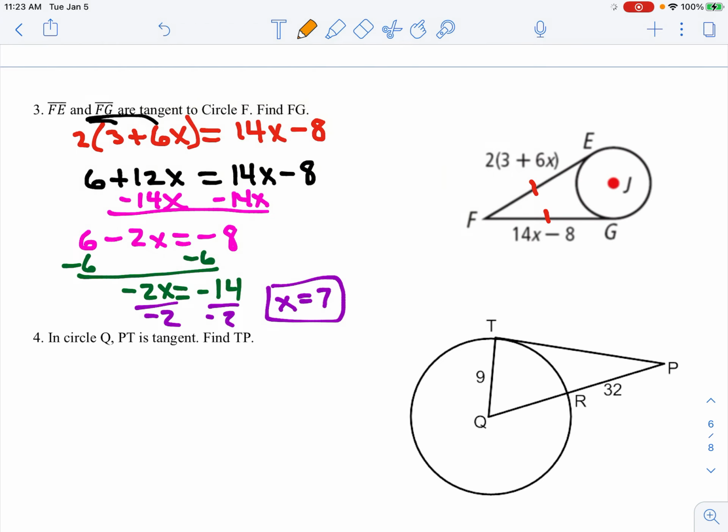Now remember, we typically have to go back and plug this in. It says find FG. Here's FG, so let's plug it in. FG will be equal to 14 times 7 minus 8. Well, if you calculate that, 14 times 7 will give you 98 minus 8 tells us 90.